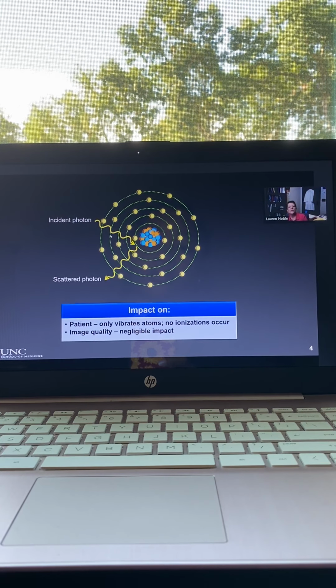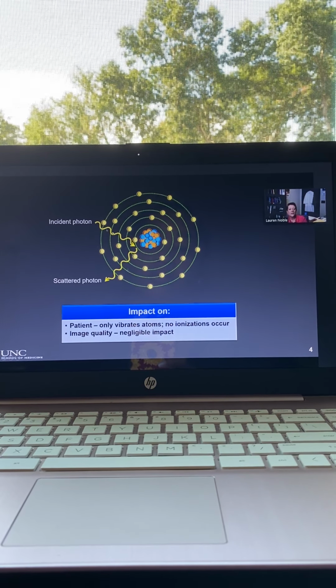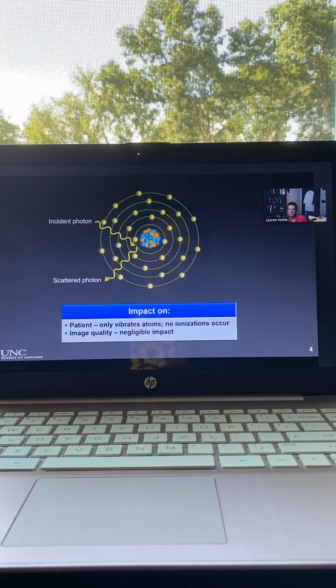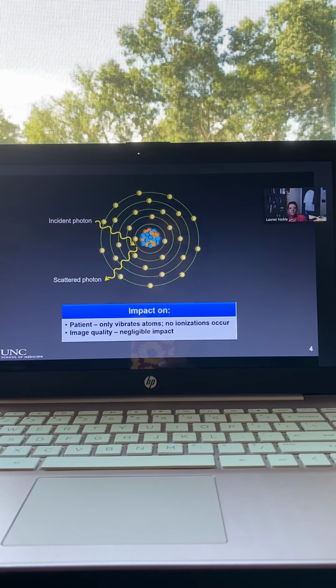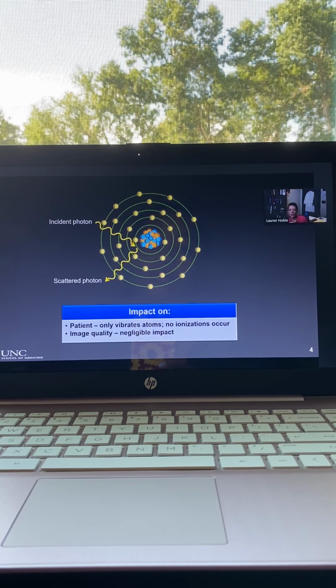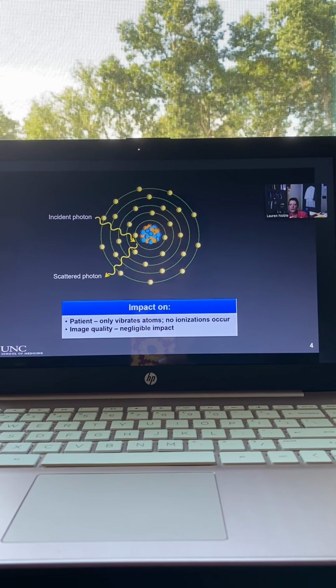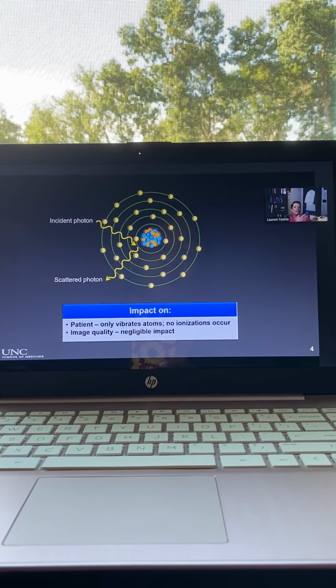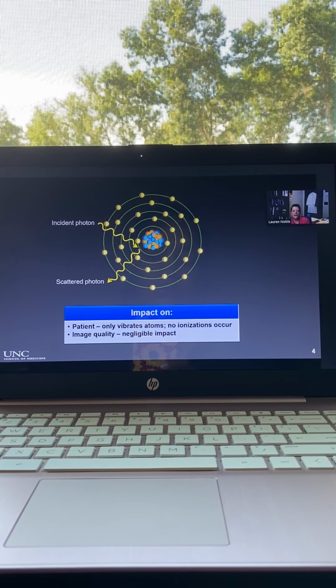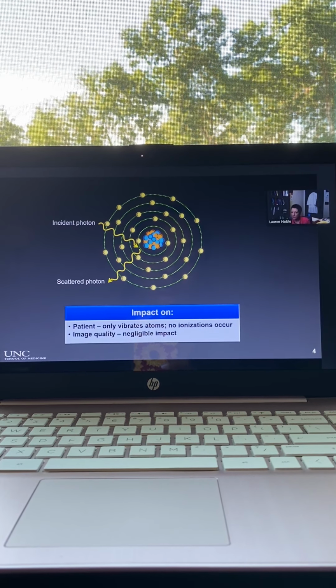Essentially, the photon energy is getting absorbed when it causes the vibration. The atom takes on that energy, and then as it vibrates, it re-releases that energy with the same frequency and the same wavelength.